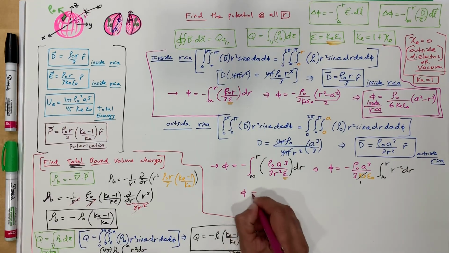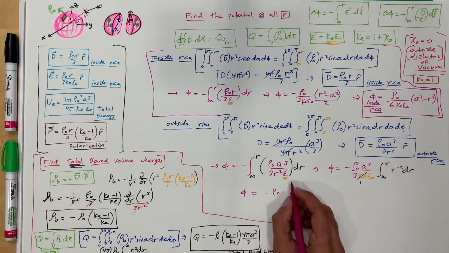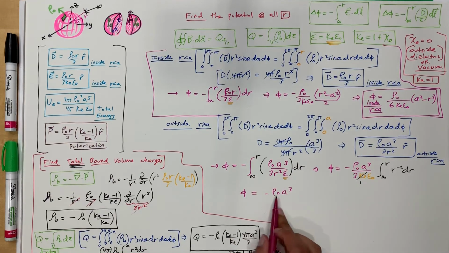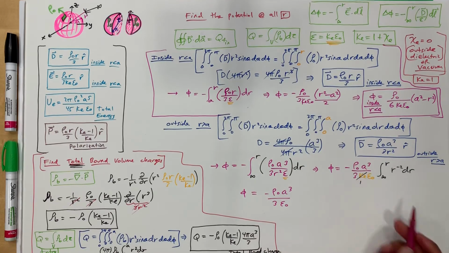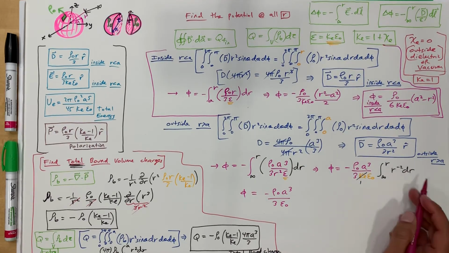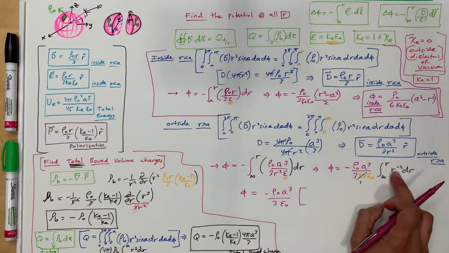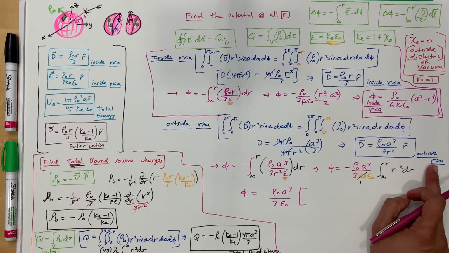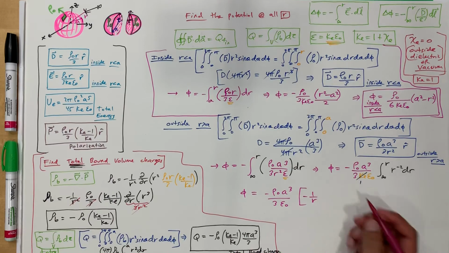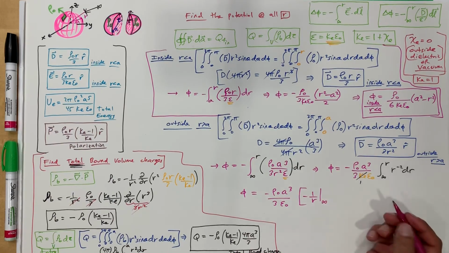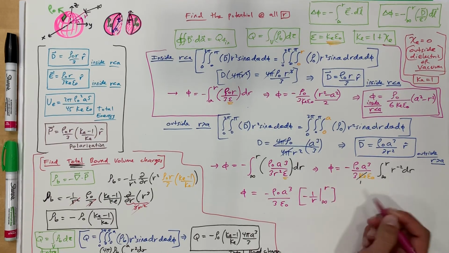All right, so evaluating, let's write everything on the outside: a to the third over 3 epsilon naught. Now we don't have a KE. And if we do this integral, we add 1 to the exponent and get -1, so we divide by -1, so we're going to get -1 over r, evaluated from infinity to r.